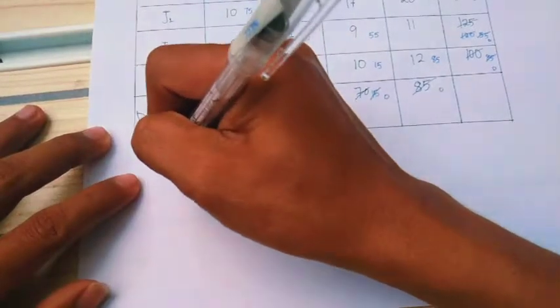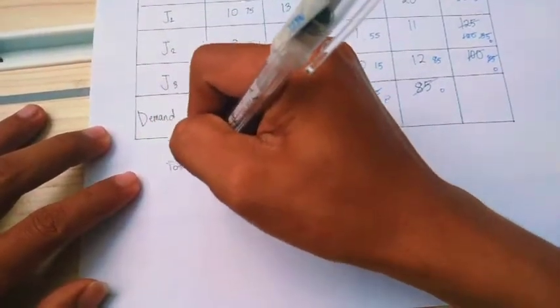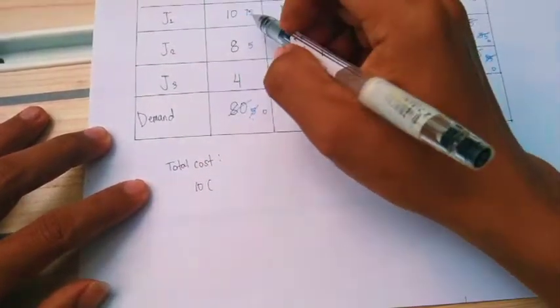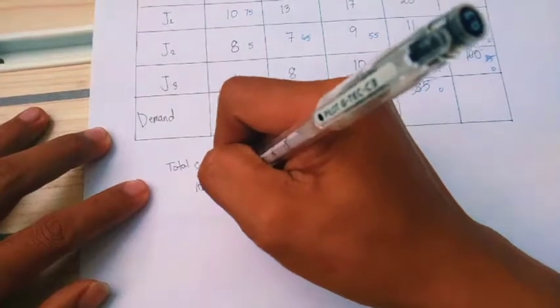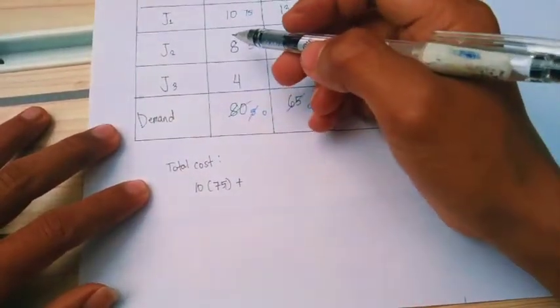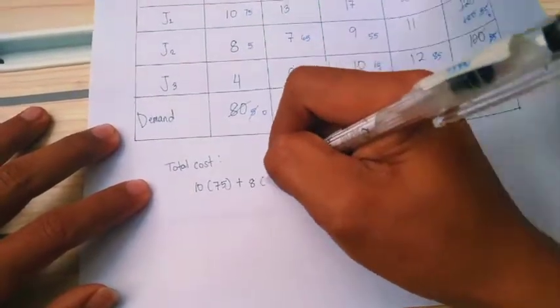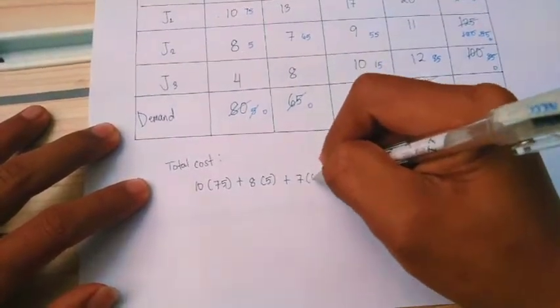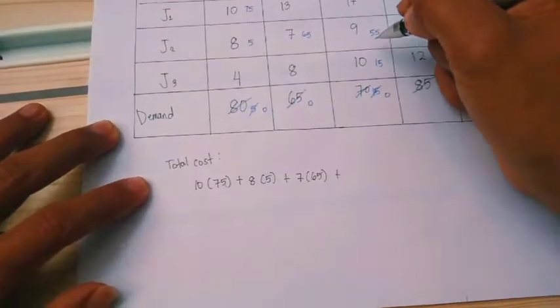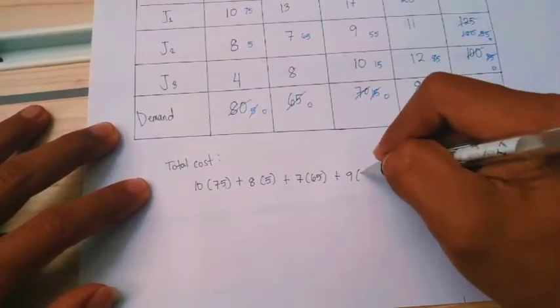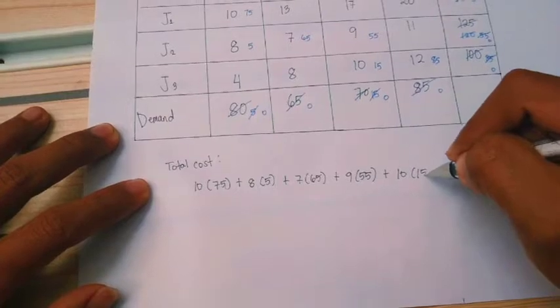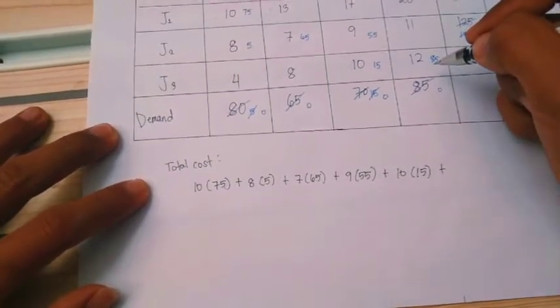So total cost, we will use these values and multiply them. 10 times the value 75, then add 8 times 5, plus 7 times 65, plus 9 times 55, plus 10 times 15, plus 12 times 85.